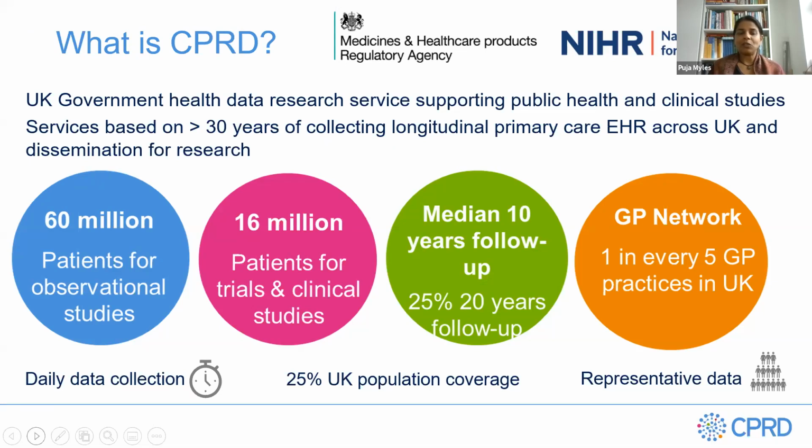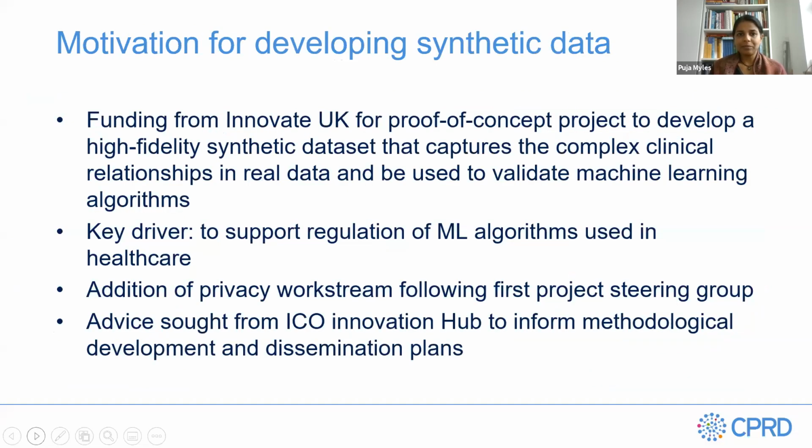But we've been around collecting and sharing anonymized patient care electronic healthcare records for over 30 years. There are some metrics on the slide for you, but in total, including patients who might be deceased or transferred out, we have 60 million patients, and we have 16 million currently registered patients, which is about a quarter of the UK population. Could we move to the next slide, please?